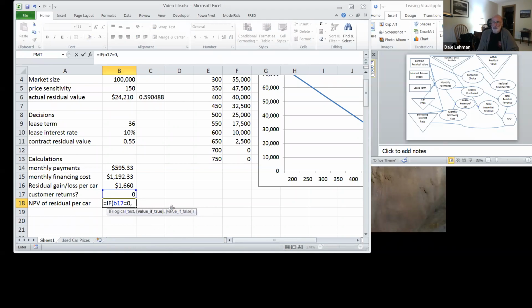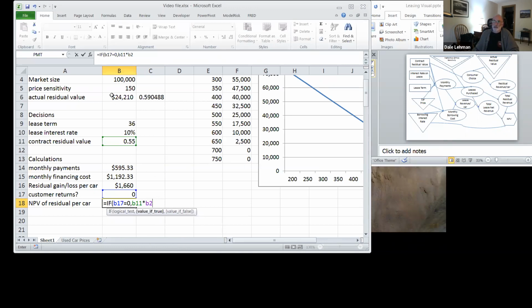So the amount of money we're going to get is B11 times B2.